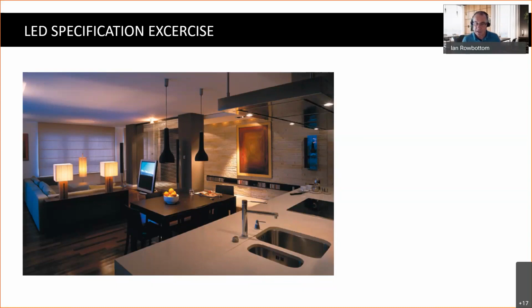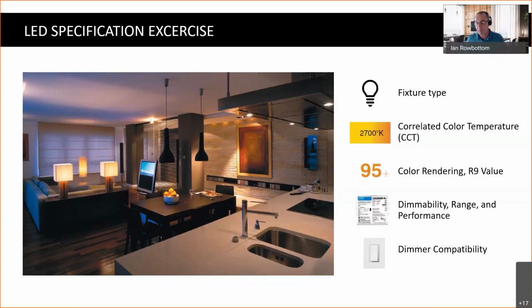What did the lighting designer decide on? Well, a couple of things. Fixture type, they're not all the same. I have some can lights up here. Looks like I have a track head here. In these table lamps, I probably have screw-in LED and maybe independent lamps.